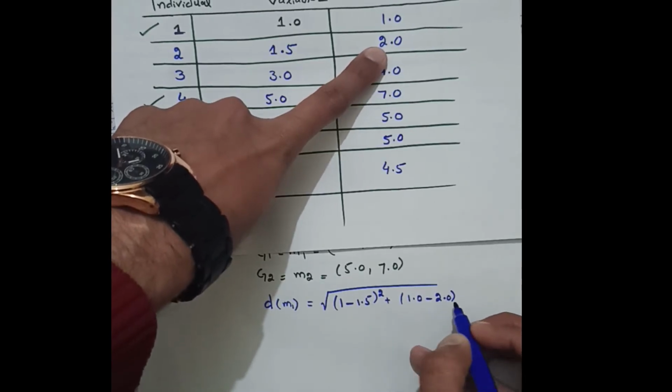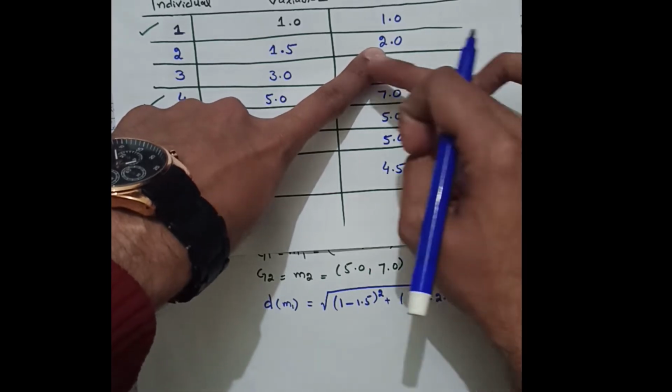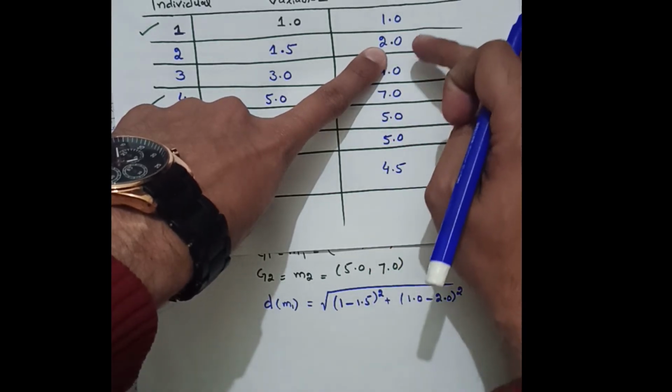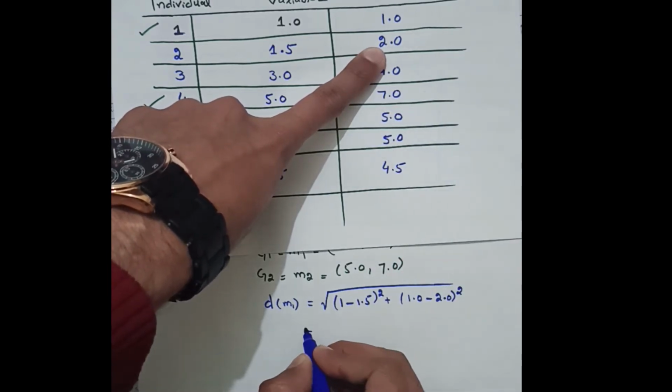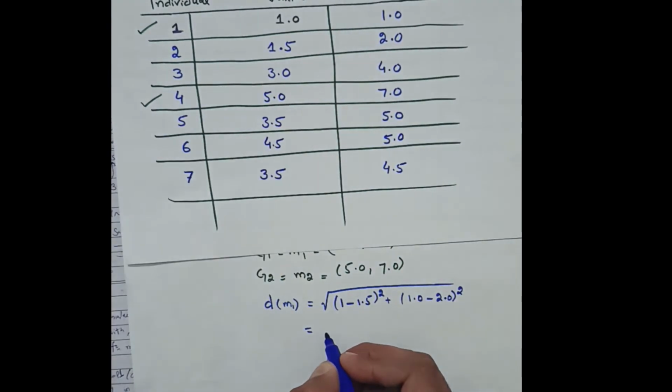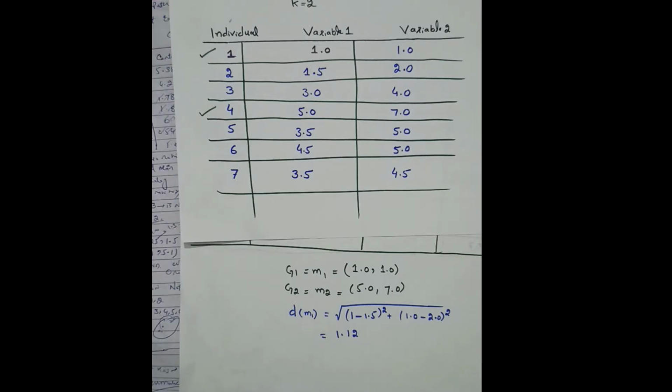So we have to compute the Euclidean distance with respect to group 1 for each of these points, and similarly for group 2. The answer, if I calculate, is 1.12.